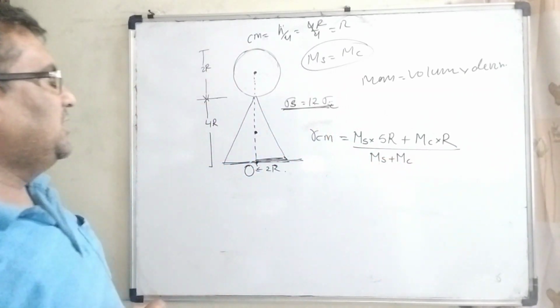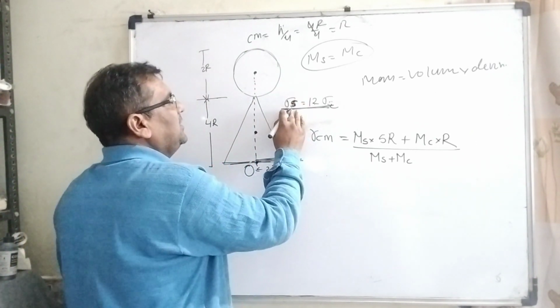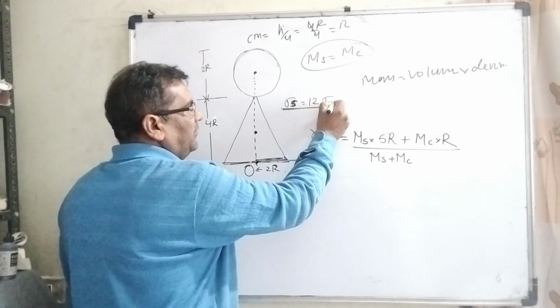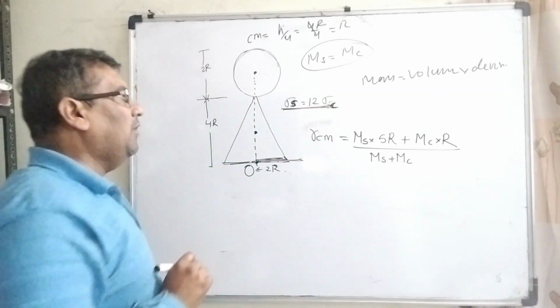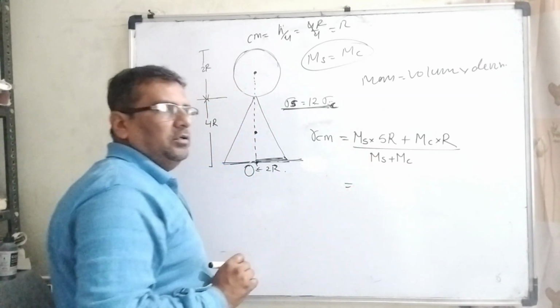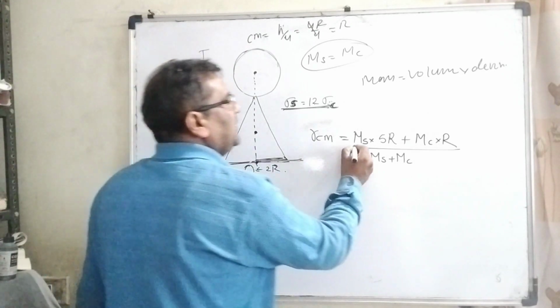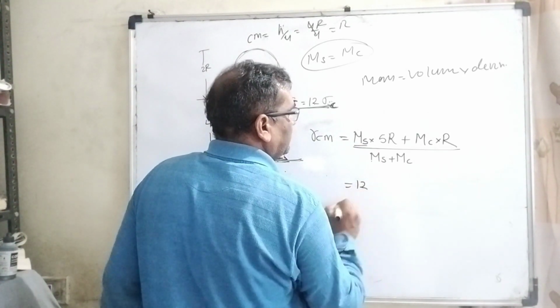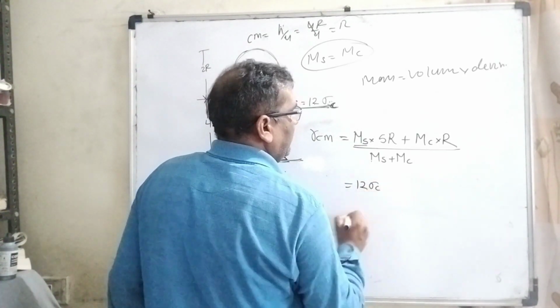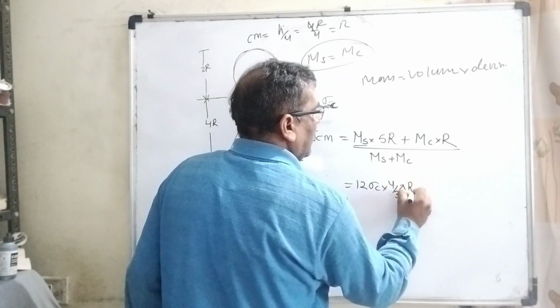And what relation is given? The density of the sphere is 12 times the density of the cone. So mass can be found by multiplying density and volume. The density of the sphere is 12 sigma c. Volume of the sphere is 4 by 3 pi r cube.